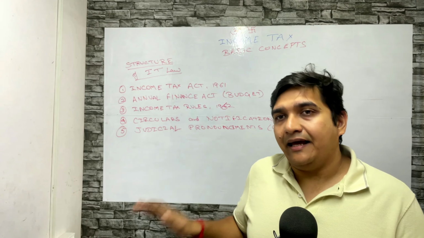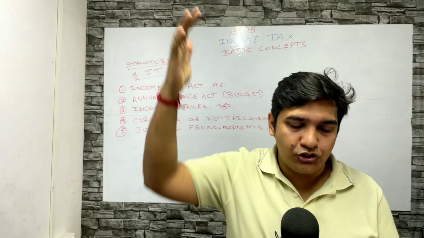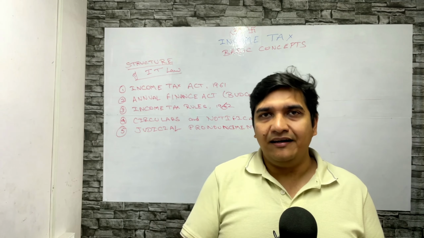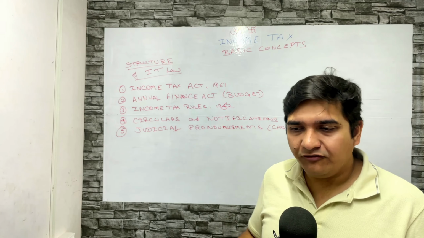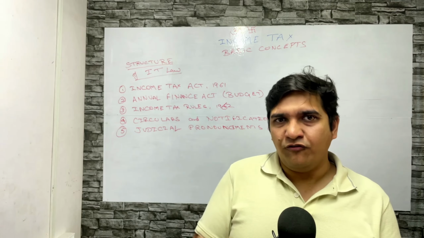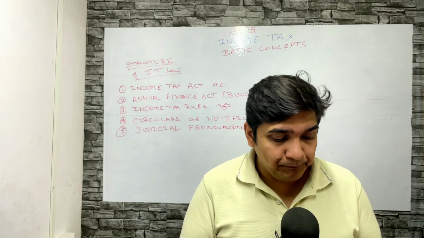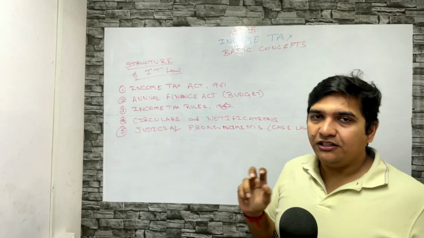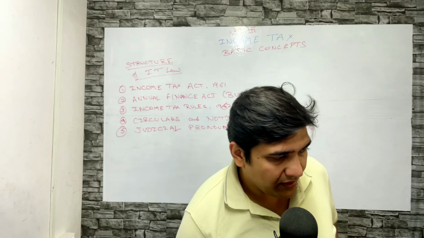Here, the legal hierarchy has to be followed, that is tribunal, then the High Court, then the Supreme Court. Once the Supreme Court decides on any matter of law, that becomes the law of the land, and everybody is bound by the decision of the court. So these are the five main components, or the structure of the income tax law in India.